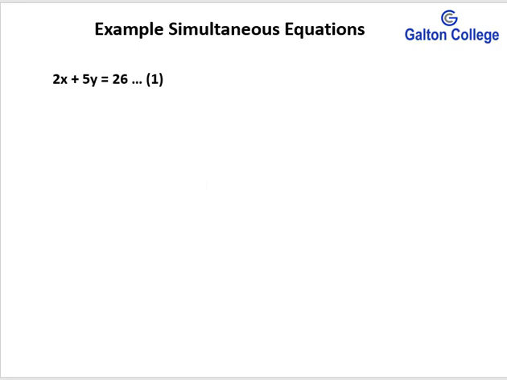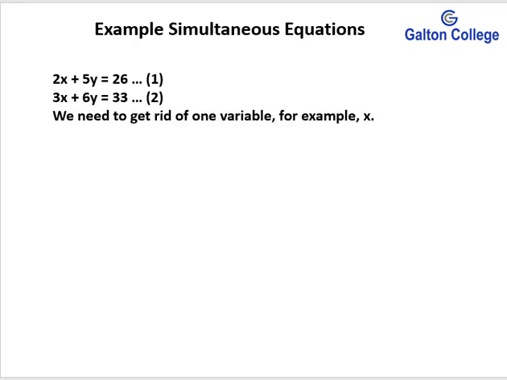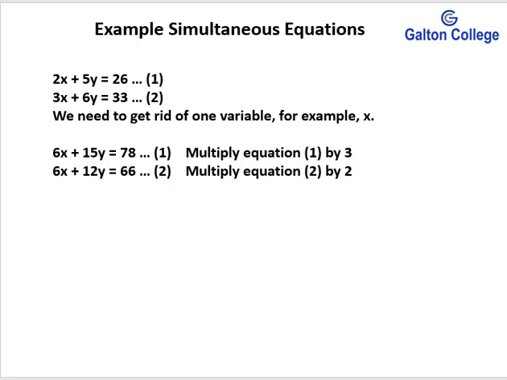2x plus 5y equals 26. 3x plus 6y equals 33. We need to get rid of one variable, say x. Now, we can multiply equation 1 by 3. If we multiply it by 3, we have 2x times 3, which is 6x.